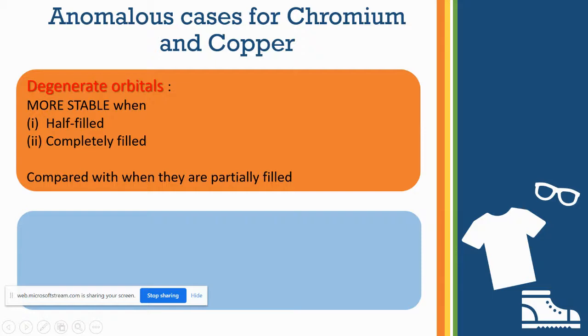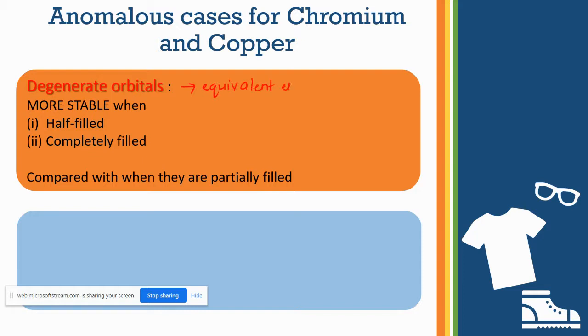Now, knowing how to draw the orbital diagram, you can do all the exercises. And one more is on anomalous cases for chromium and copper. As I mentioned before, degenerate orbitals are orbitals with equivalent energy, same energy.